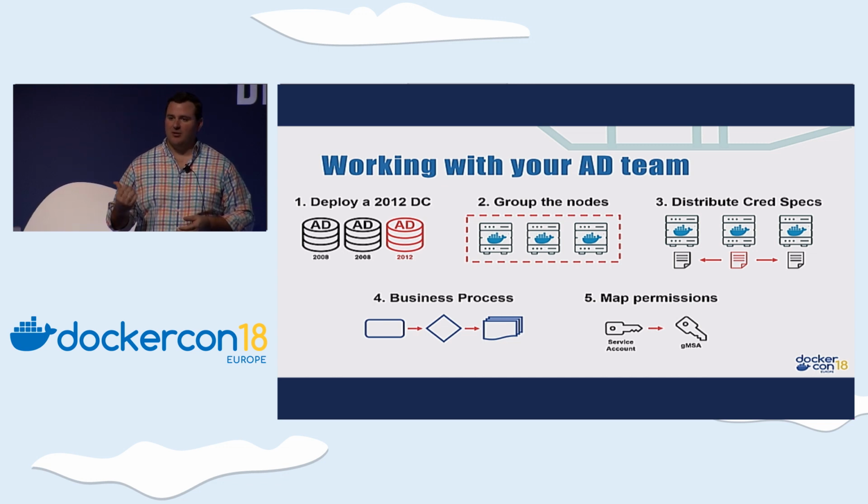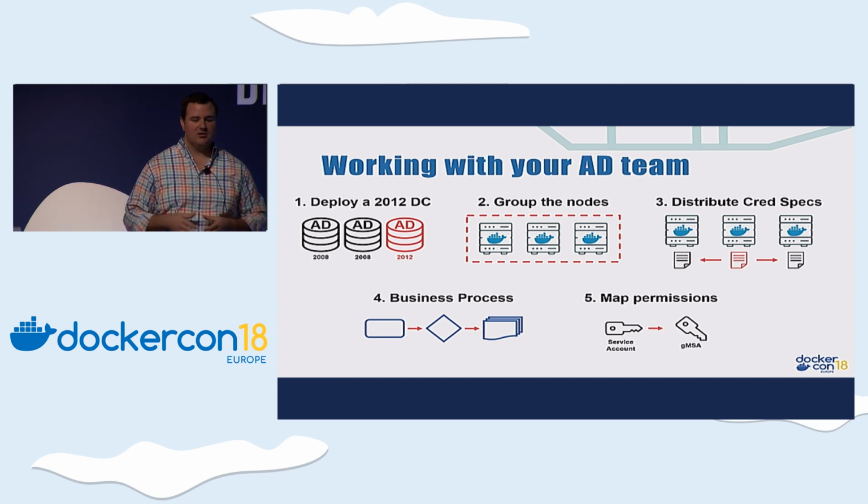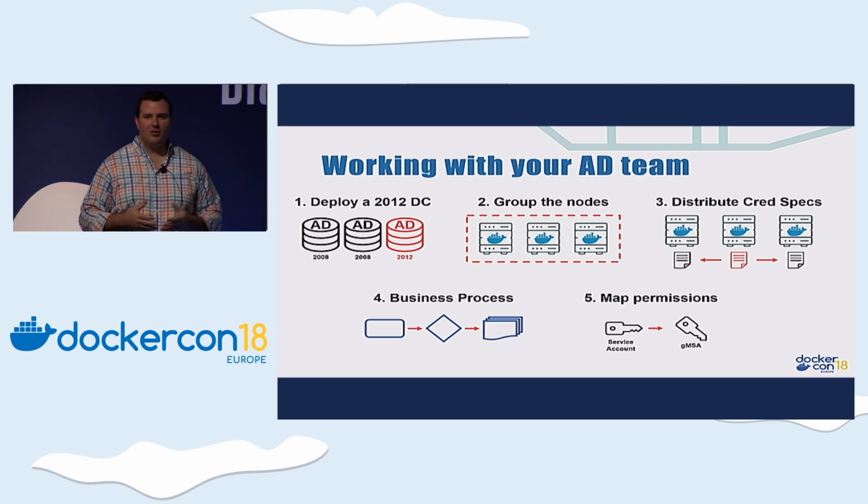We also have an example in the back of this deck around how to use a global swarm service, where we take the JSON file, put it into a config object, and then utilize the swarm cluster to distribute those via bind mounts to each of the nodes in the cluster. So a variety of ways to do it. Whichever fits best for your organization, just know that you need those JSON files on multiple machines.